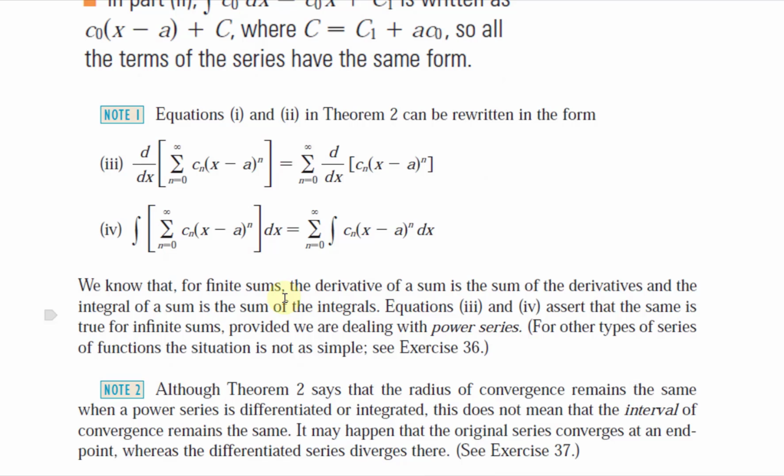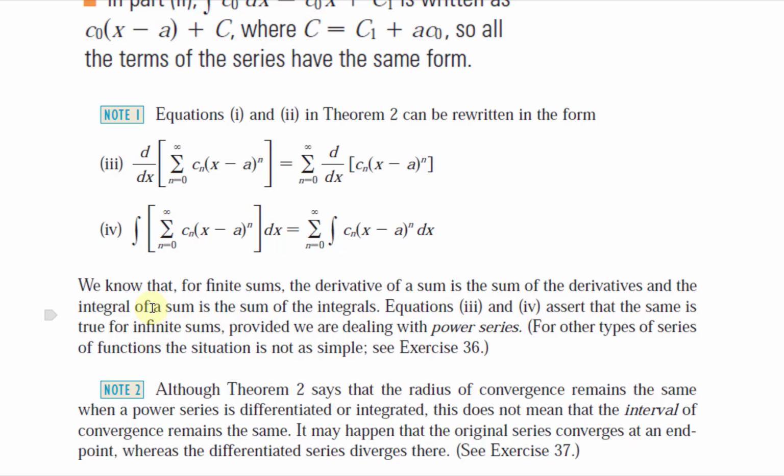And just for reference and for recap on that earlier video, here are some more notes. We know that for finite sums, the derivative of a sum is the sum of the derivatives, and the integral of a sum is the sum of the integrals. Equations 3 and 4 assert that the same is true for infinite sums.